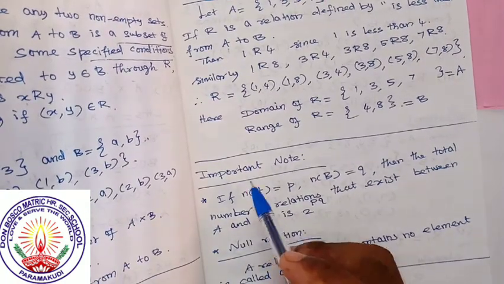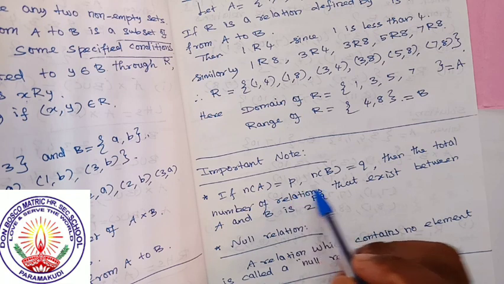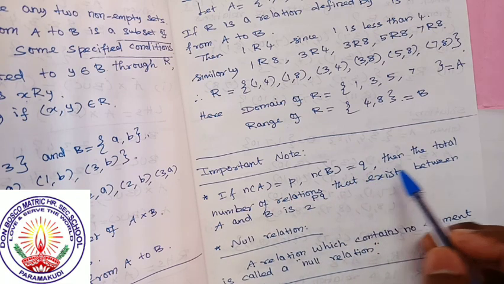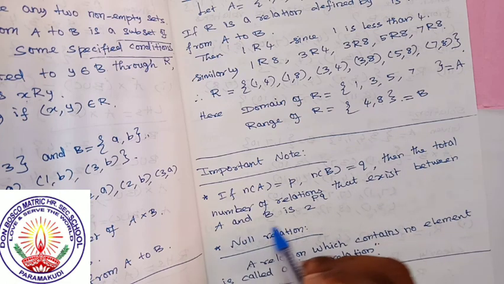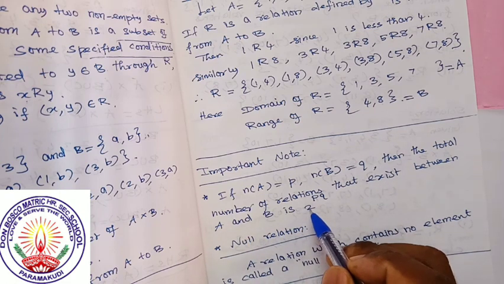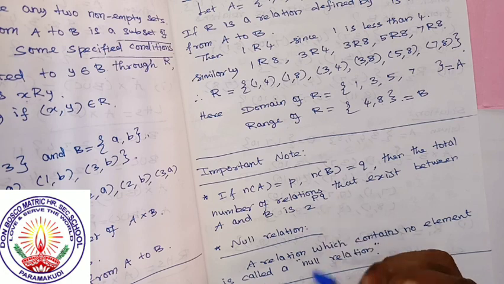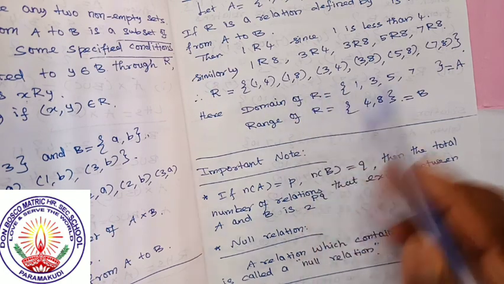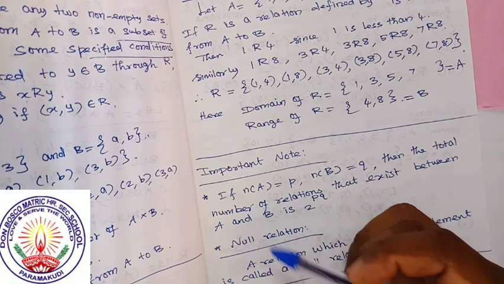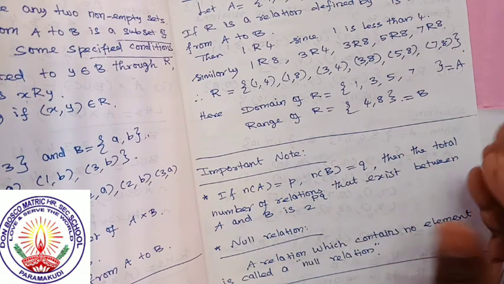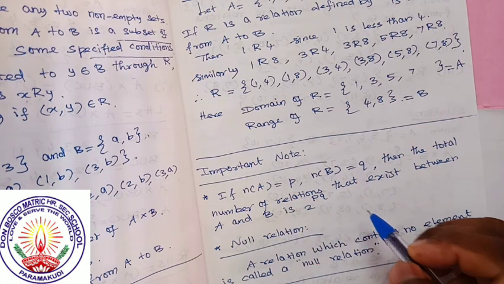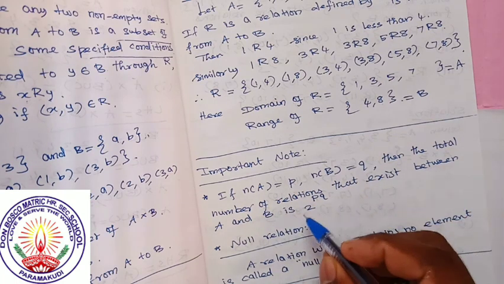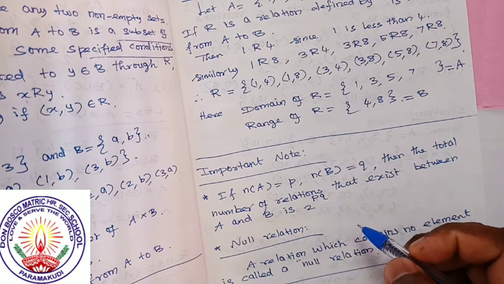Very important note: if n(A) is equal to P and n(B) is equal to Q, then the total number of relations that exist between A and B is 2 power PQ. This is one of the relations; like that we can write any relations. So how many relations will be there? That's a question. Suppose a set A has P elements and B has Q elements, how many relations will be there?